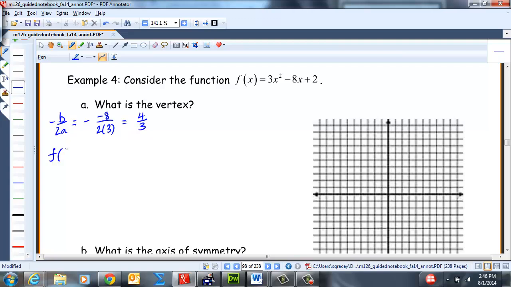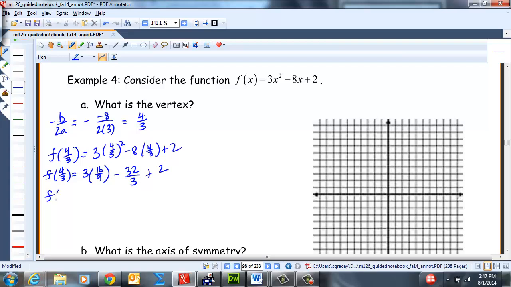The function evaluated at 4/3 is 3 times (4/3) squared minus 8 times 4/3 plus 2. So we'll get 3 times 16/9 minus 32/3 plus 2. So f at 4/3 will be, let's see, this 3 divides out some of the 9.